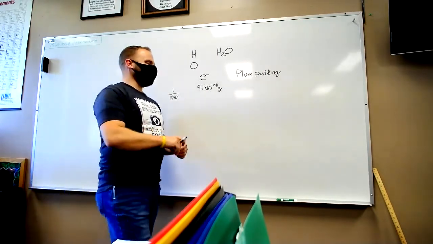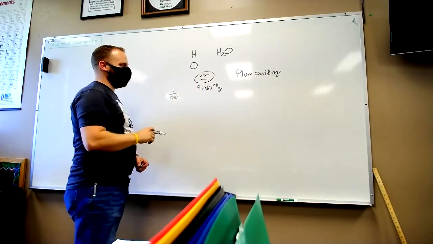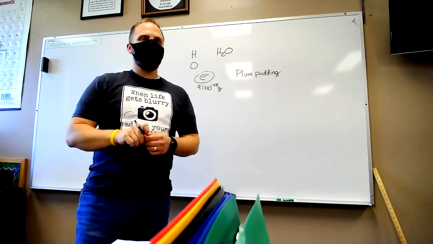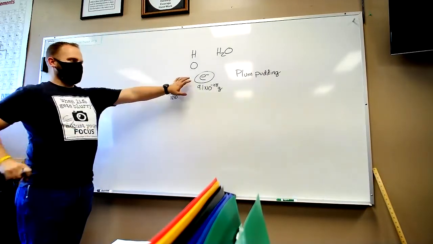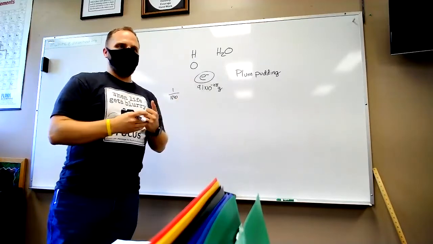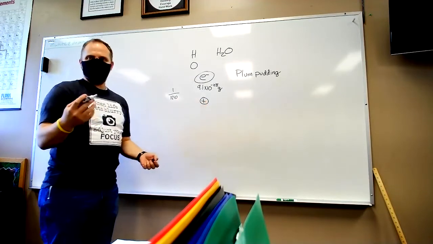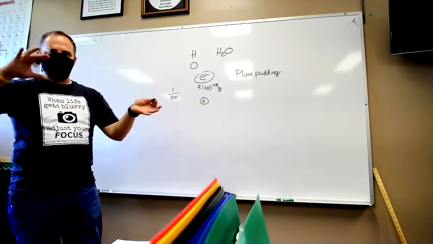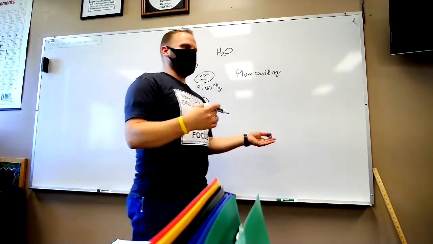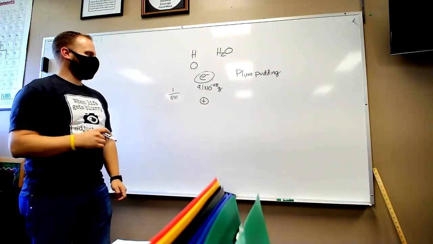So what they said is, well, we know that we have this tiny part, the electron. But we know that not everything is negatively charged. So we have to have something with a positive charge, so that they balance each other out and we have a neutral atom. We know that there are negatively charged parts. Now we need to balance that out with positive to get to 0.